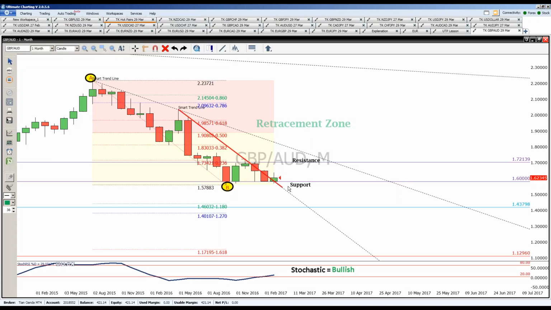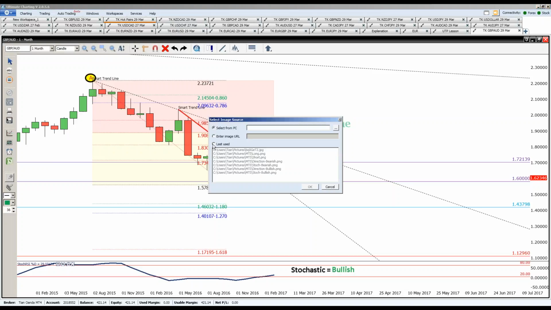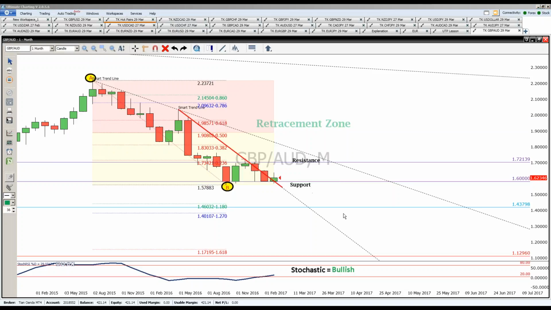We are faced with a retracement zone. Immediately after this observation, we can assume that the direction of highest probability is bullish. This market will go up before it comes down again.